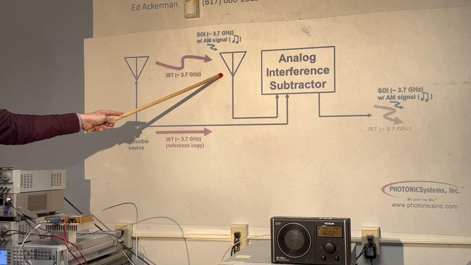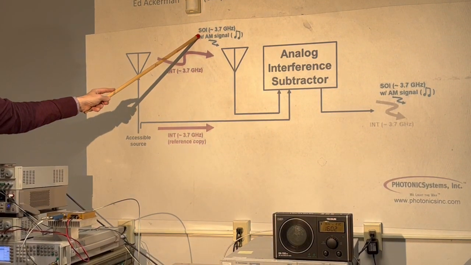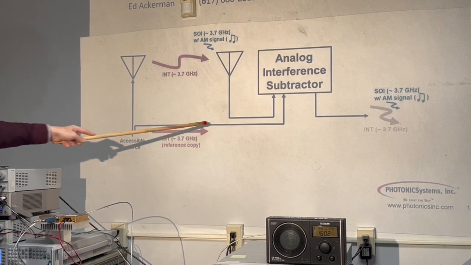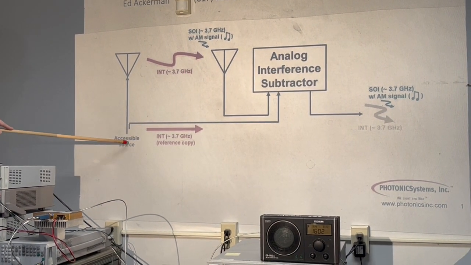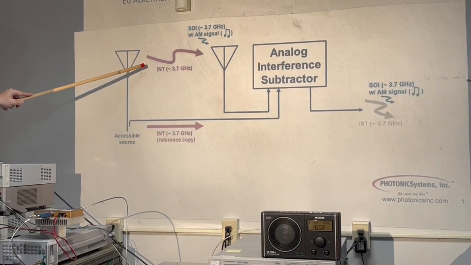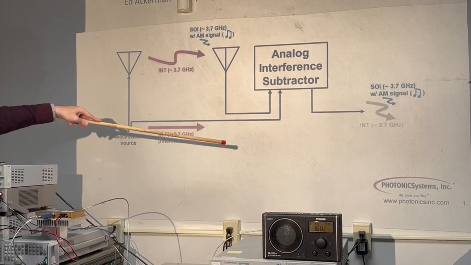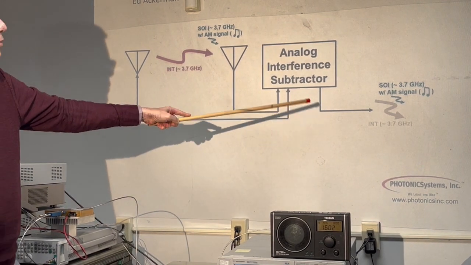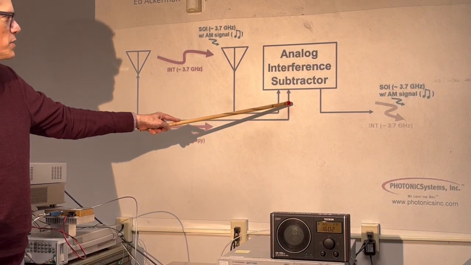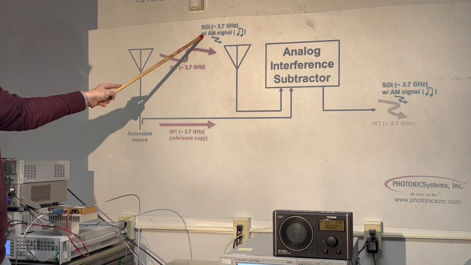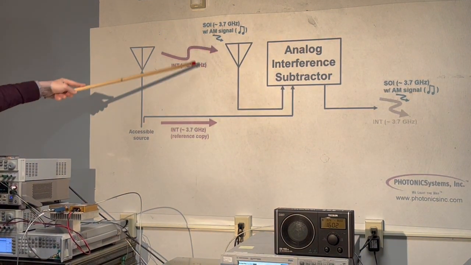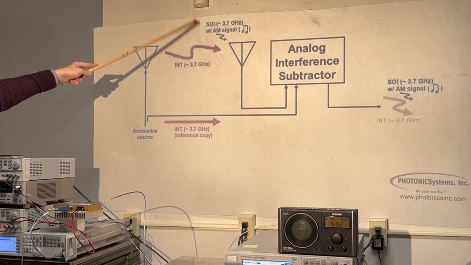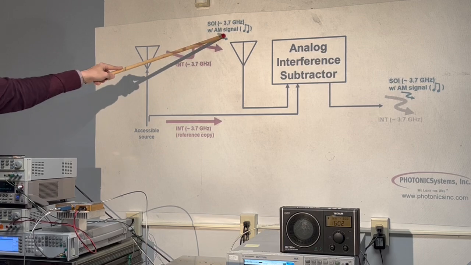One of your inputs is your antenna that is sensing your signal of interest and your interferer, and a second input where you take a copy of the interfering source and feed that in, so that you do a subtraction, so that the output is just leftover of what's not in common on these two inputs, which is your distant signal of interest. What's nice about that is even if they overlap in bandwidth, you will subtract just this from this and get that.